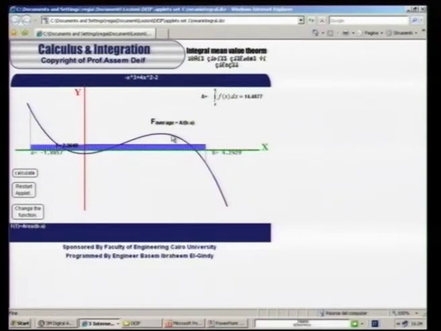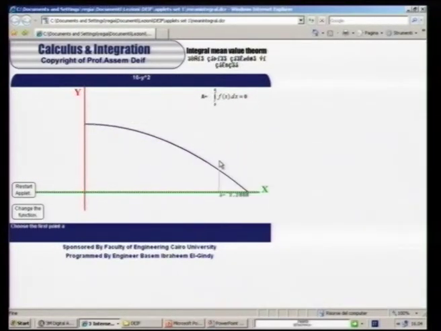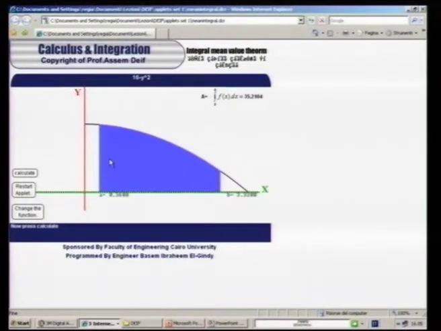This is another applet that has been devised at Cairo University. If you change the function, for example, this one here, this is the function we started with when we talked about the definite integral. It represents a certain relationship. We don't know what kind of relationship it represents, but it doesn't matter. Again, if you take two points here, this gives you the integral, in other words, the whole variation of the function over the time.